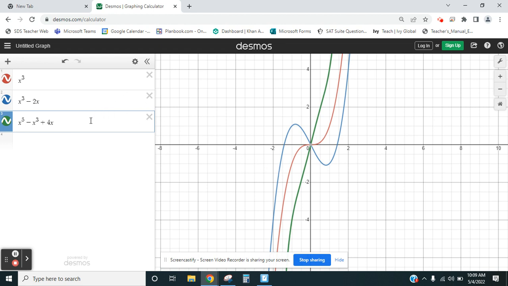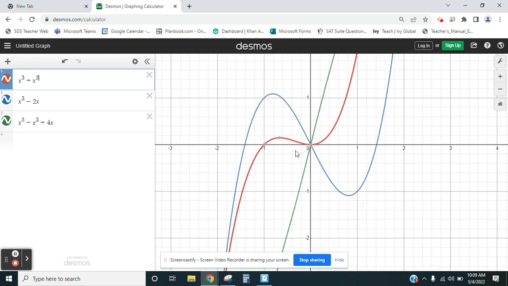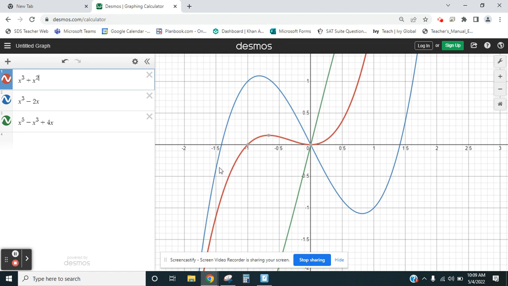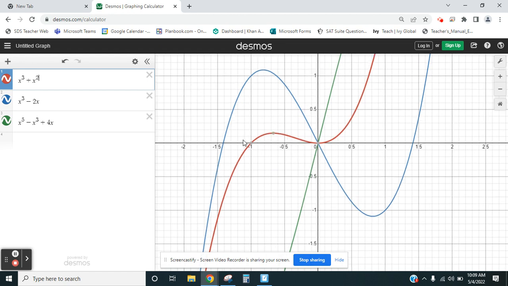Now, how do I make one of these odd ones not odd anymore? Well, check this out. What do you think I could introduce into the equation? Yeah, some kind of even exponent like this. So if I do that, let's zoom in on this red one. This is no longer an odd function. Now here's why.